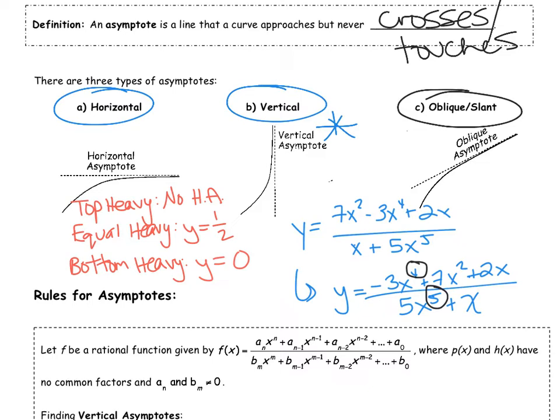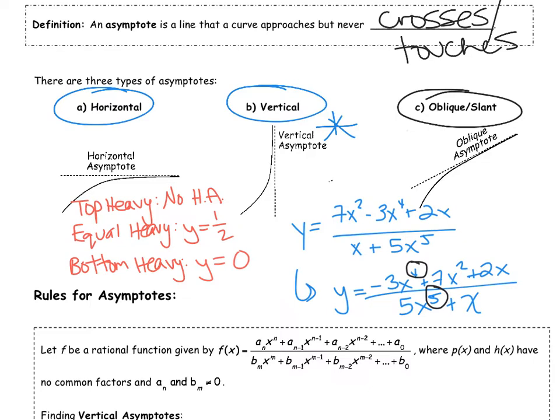When it's equal heavy, meaning that the exponent in the numerator is at the same degree as the exponent in the denominator, we take the ratio of the leading coefficients. And then lastly, if the degree in the denominator is bigger than the degree in the numerator, we say that our horizontal asymptote is at y equals 0. Okay, so those are all of your rules for horizontal asymptotes.